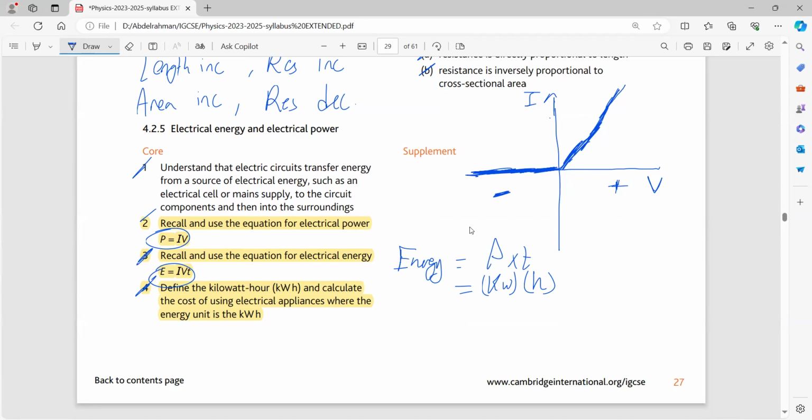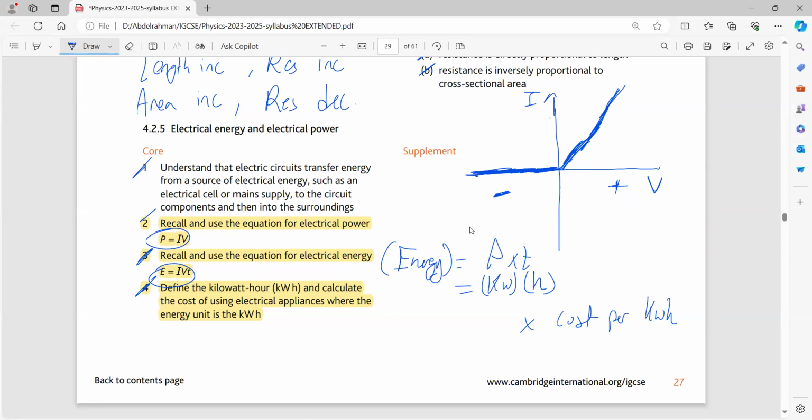To find the cost, we just multiply whatever energy we found in kilowatt hours times the cost per kilowatt hour. For example, if 1 kilowatt hour costs 50 cents, then I'll multiply the amount of kilowatt hours that I have used by 50 cents to find the total amount of money that I should pay.